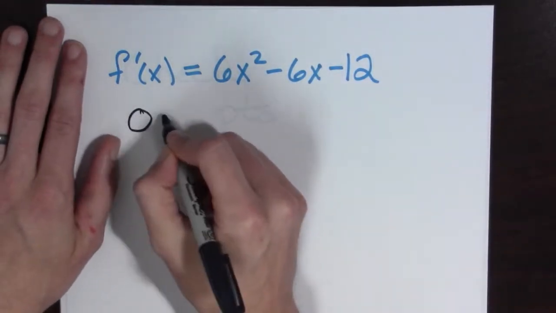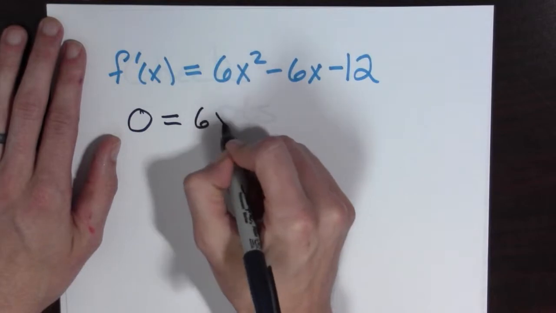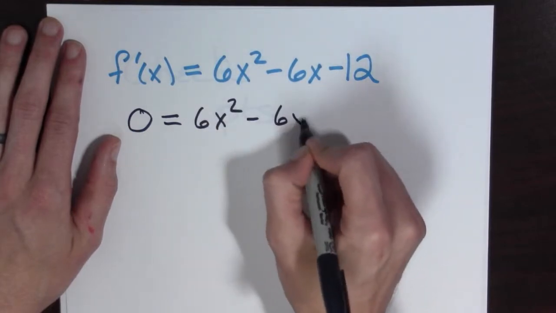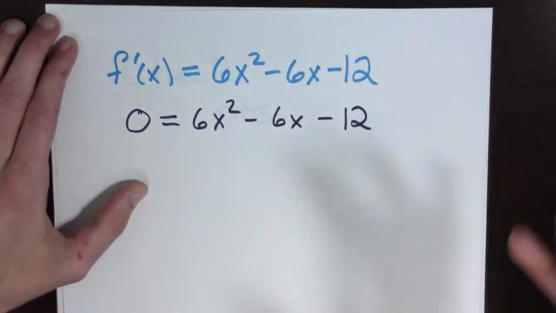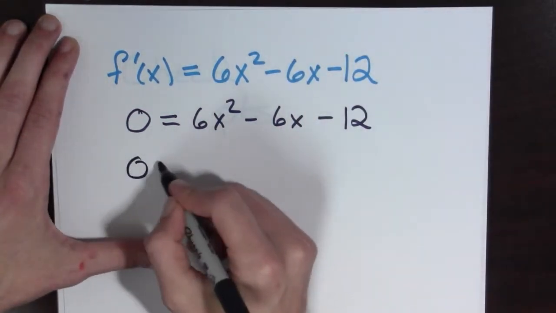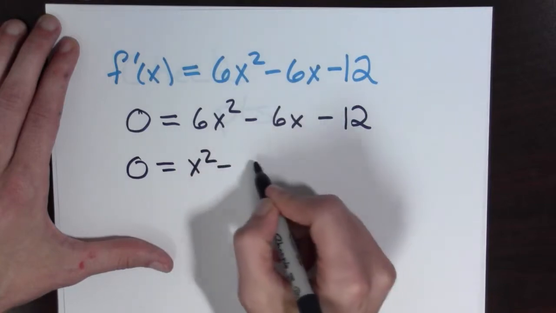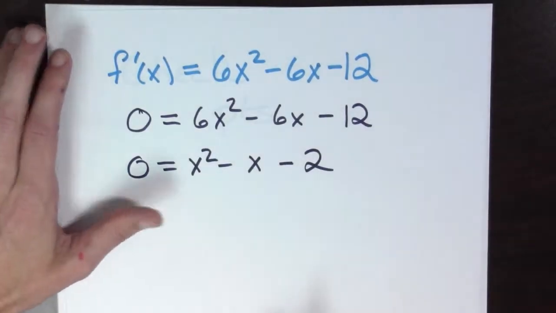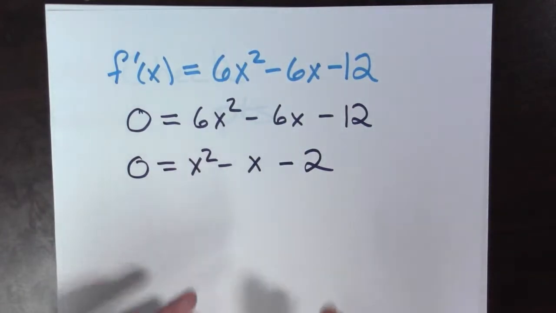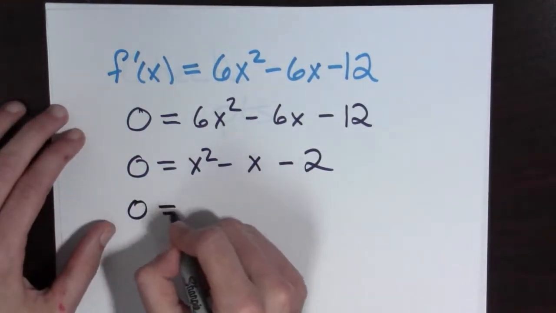So let's write 0 is equal to 6x squared minus 6x minus 12. The first thing we do is we divide everything through by 6, and we get 0 is equal to x squared minus x minus 2. Now, I can't factor much, but even I can factor this.